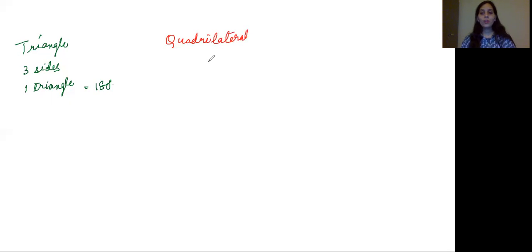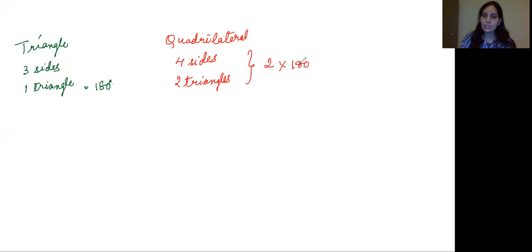I'll just show you a very interesting pattern from the analysis that we have done. A quadrilateral has 4 sides. And how many triangles do we have in a quadrilateral? We have seen 2 triangles, correct? So the angle sum property is nothing but the number of triangles into 180 degrees, and that is how we get 360 degrees.